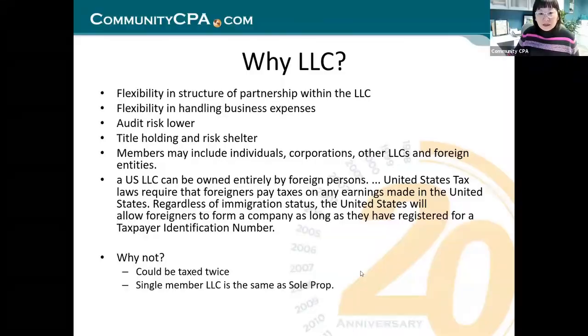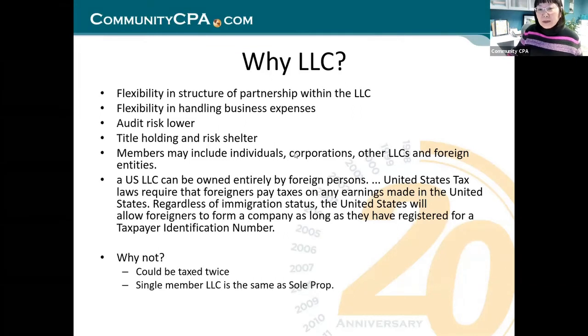So let's look at our chart related to the LLC. This is where I was charting the whole thing. Quickly going through: flexibility in structure, flexibility in business expense, audit risk, title holding, right?